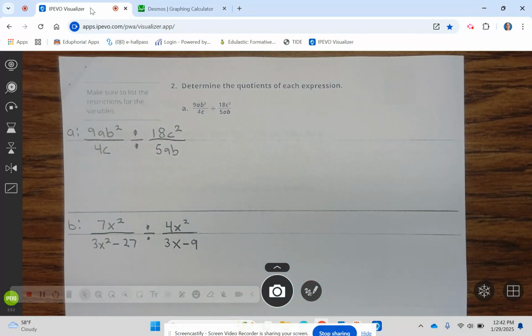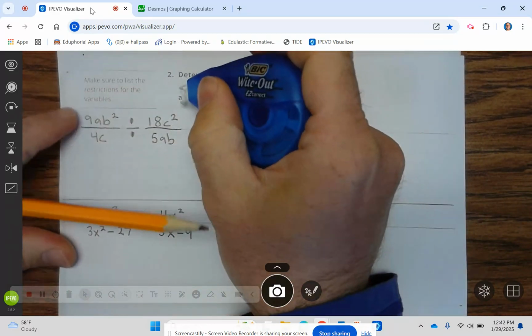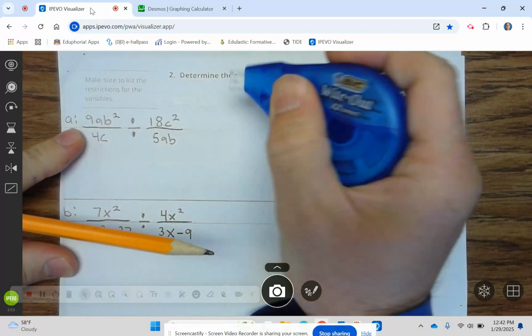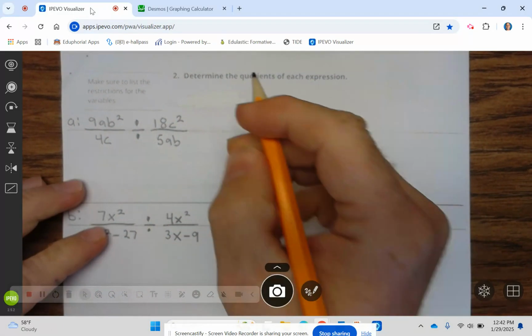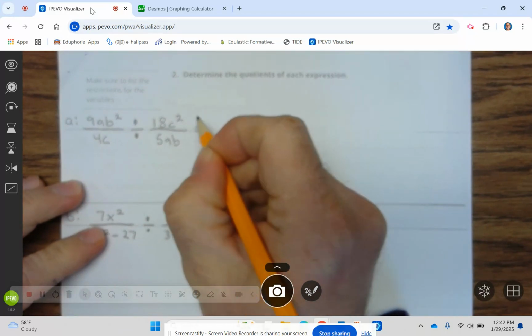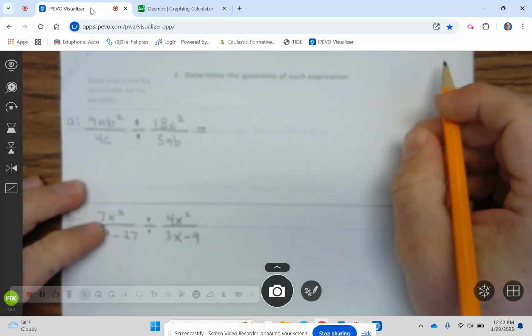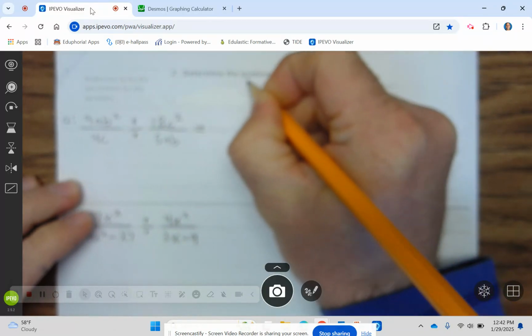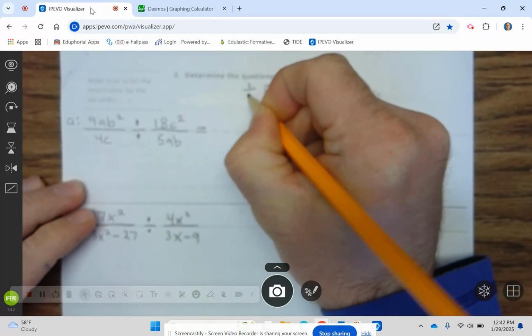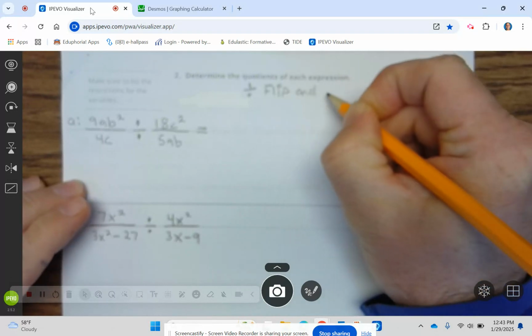Determine the quotient of each expression. Alright, so when you divide by a fraction, you flip, when you divide, you flip and multiply.